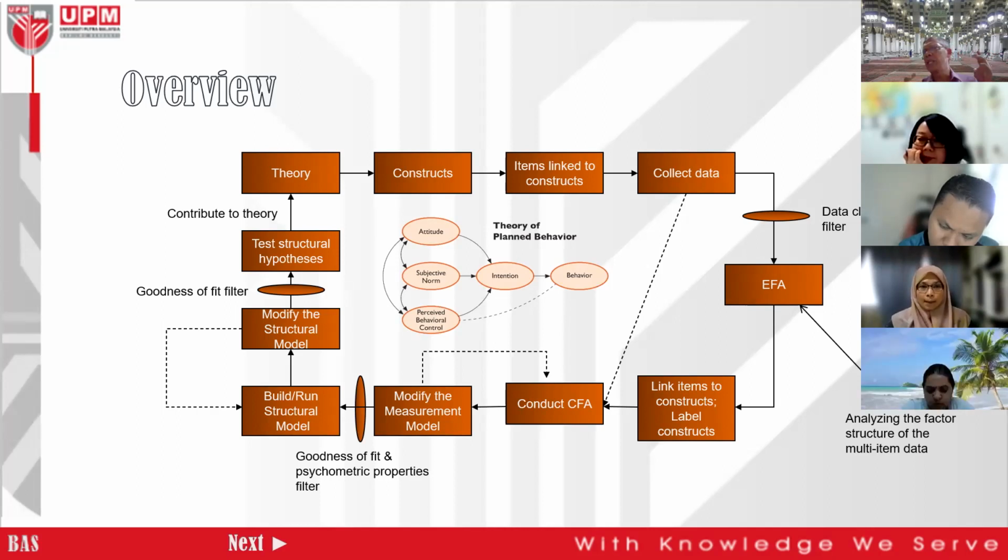So if you have too many items to represent one construct, then your path diagram will become very crowded, and a lot of the time when you have too many items to represent a construct, you might not be able to get model fit. That is what we want. When we go for SEM, we want to make sure that we get the model fit.